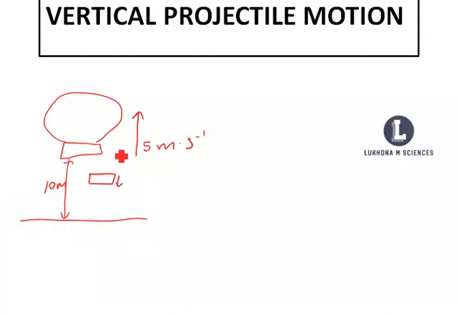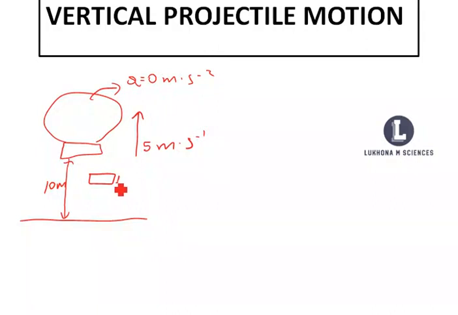This is the ground. So this is very easy. Since this one is moving with constant speed, the hot air balloon only is having acceleration which is 0 meters per square second.